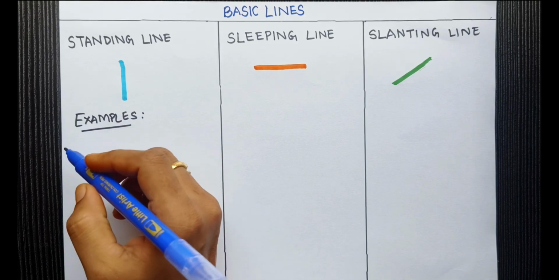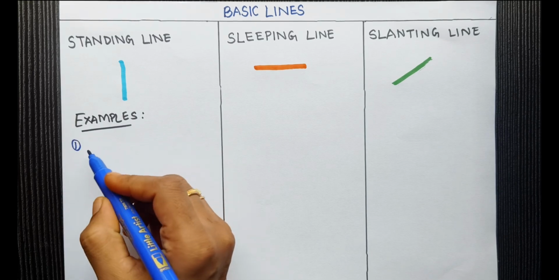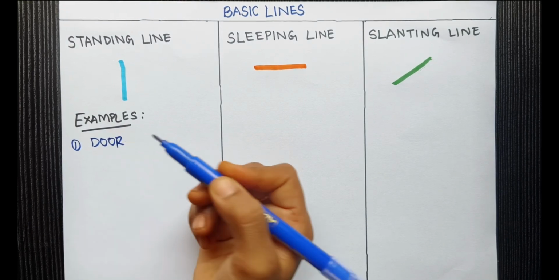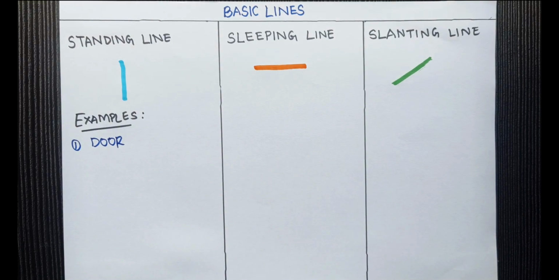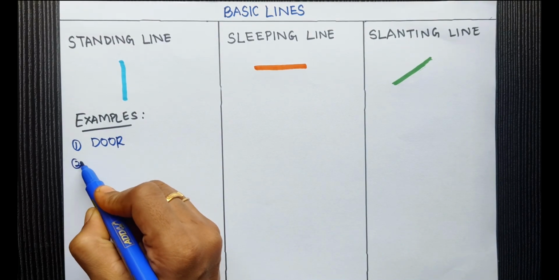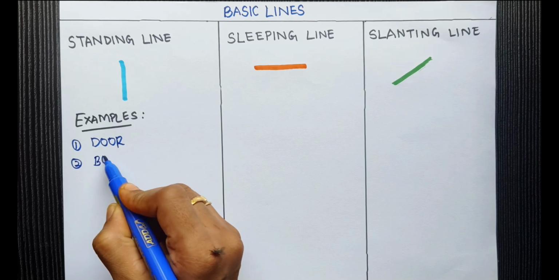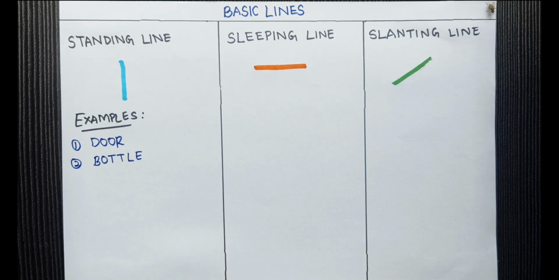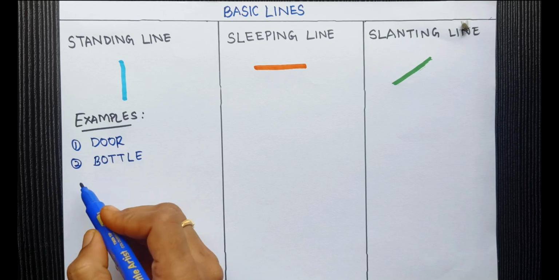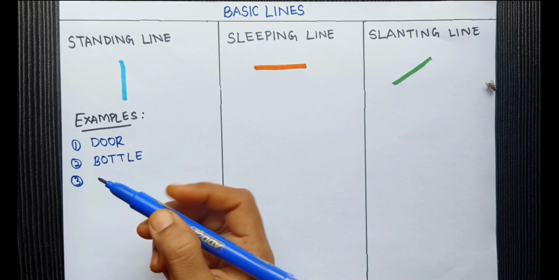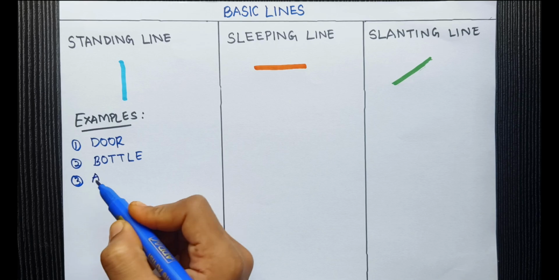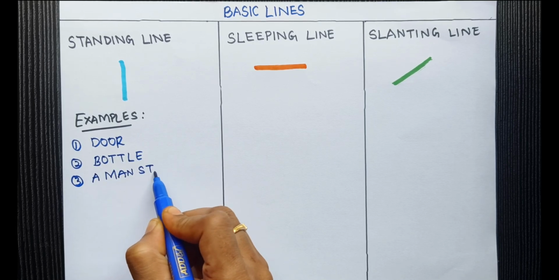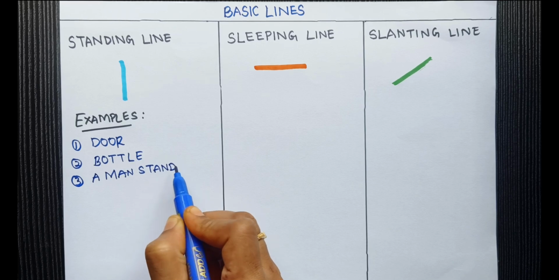The door which we have in our home will be in a standing position. And second one is the bottle. The water bottle which we use every day will be in a standing position. And third one is also a man standing. So a man will stand in an upright position, that is a standing position. So these are the examples of a standing line.